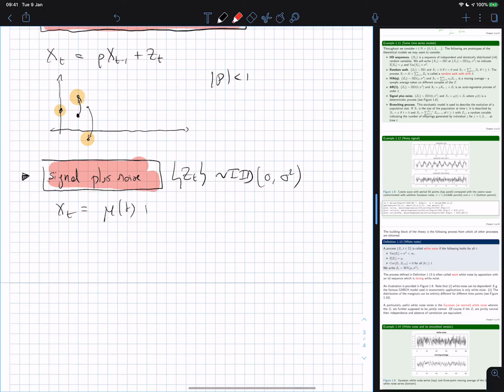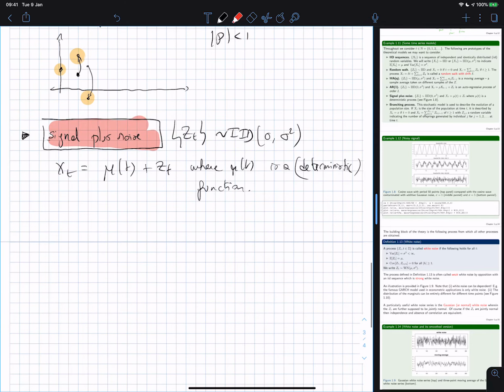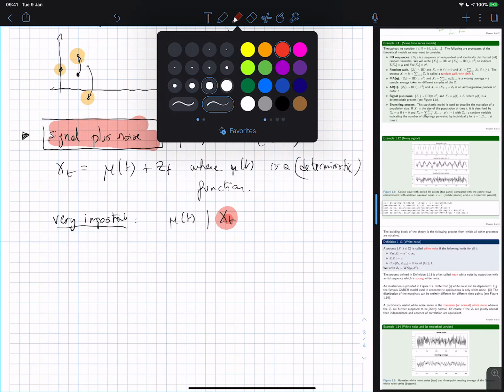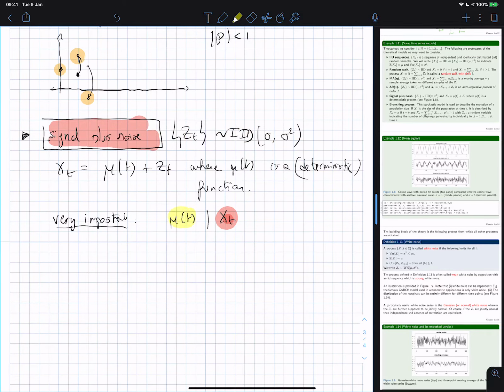And then to this function we add some noise. So it's a deterministic function. Here, very important questions that we are not going to deal with, but which are quite fascinating, is, for example, given X_t, can we reconstruct mu? What we observe is a noisy process. Can we deduce the noiseless process from the noisy process?